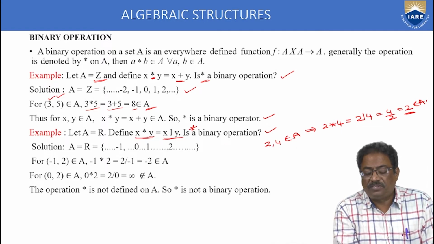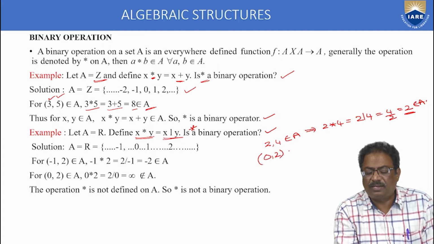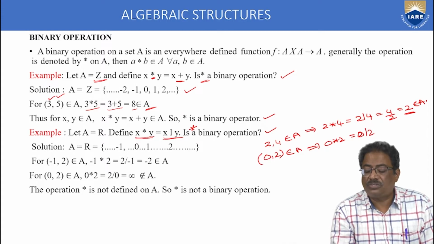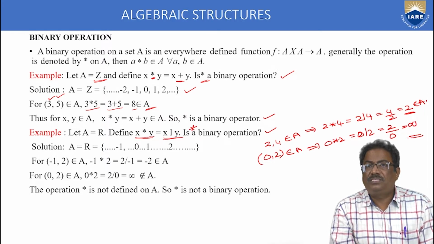Now let us consider two other elements, say 0, 2, belonging to A. Then 0 star 2 is 0 divides 2, which is nothing but 2 by 0, which is infinity, which is meaningless.